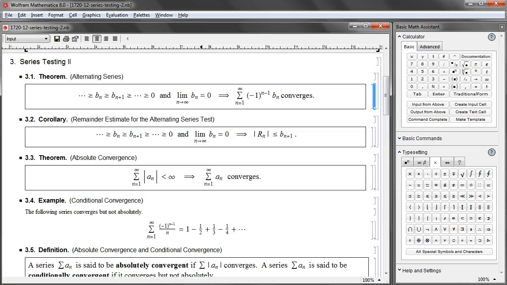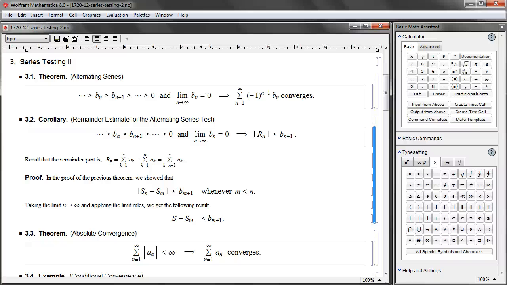Next one, how about the error estimate or remainder estimate? Let me remind you, we got up to here in the proof of the previous theorem: the absolute value of S_n minus S_m is less than or equal to b_{m+1}, with a lot of difficulty, whenever n is greater than m. Now, at this point, take the limit. Yes, you can take the limit because we just proved that the limit exists.